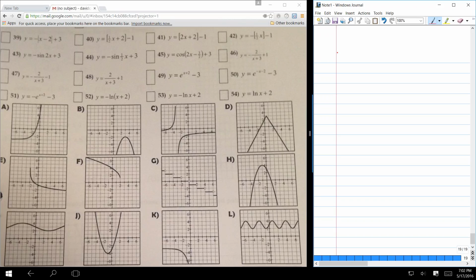Okay. So 40 is greatest integer function of 1/2 x plus 2. Am I going to write it like that? No. How am I going to write it?